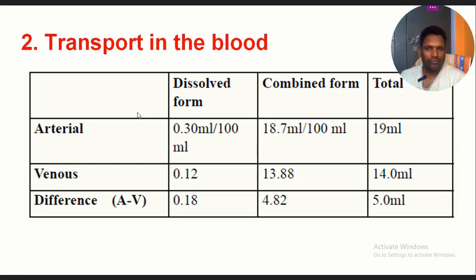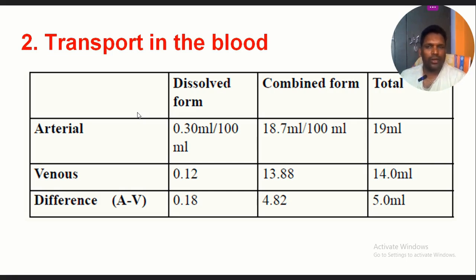Here, for dissolved form in arterial blood, venous blood and the difference, and also the total content of oxygen carried by dissolved form and combined form, how much it could be, all are clearly mentioned.